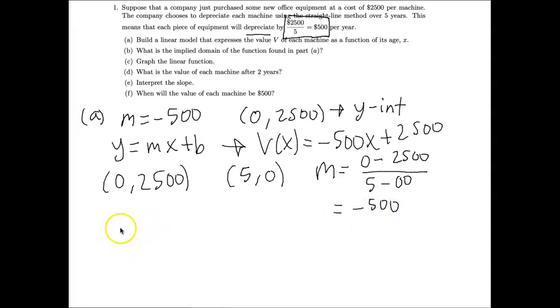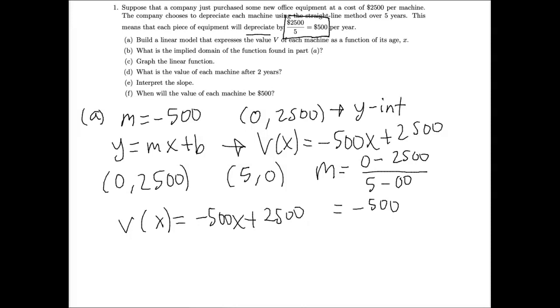And then again, our linear function is v of x is negative 500 x plus 2,500. So hopefully you can see how these methods are kind of similar. There's lots of ways we can do this, so please feel free to be creative with coming up with these equations of the line.